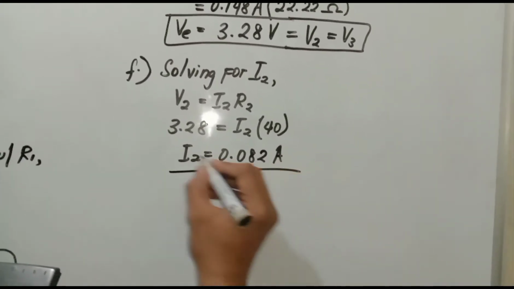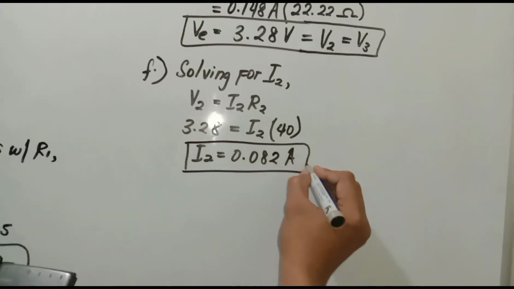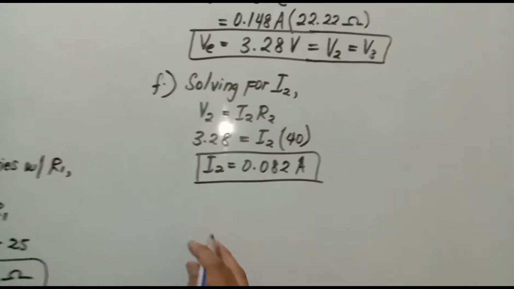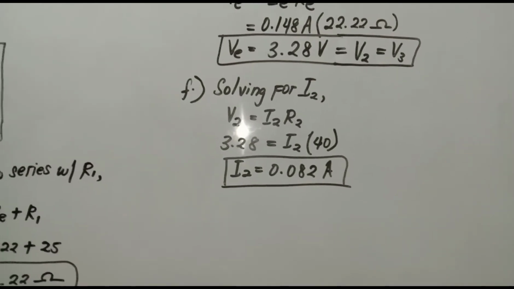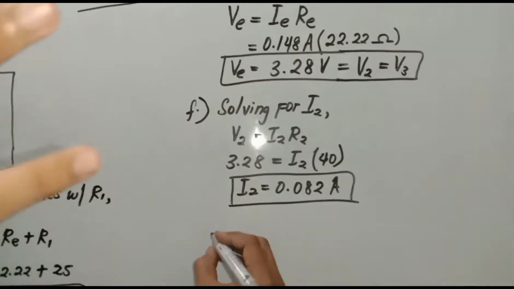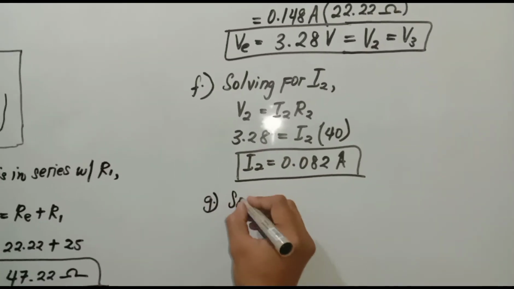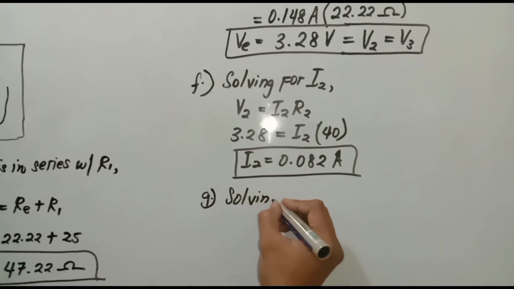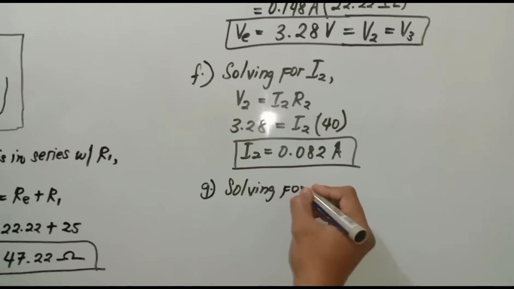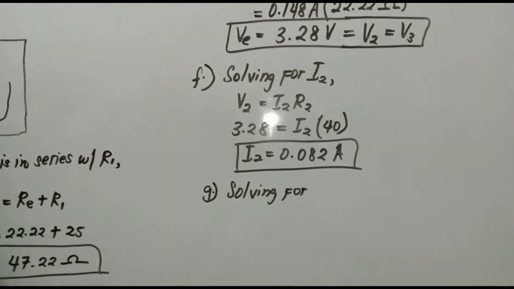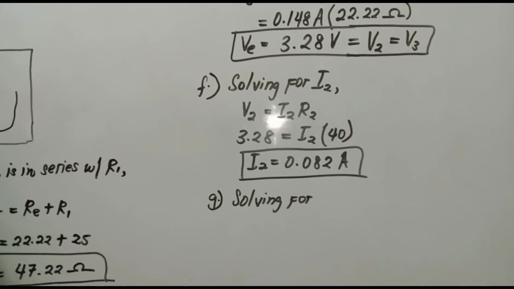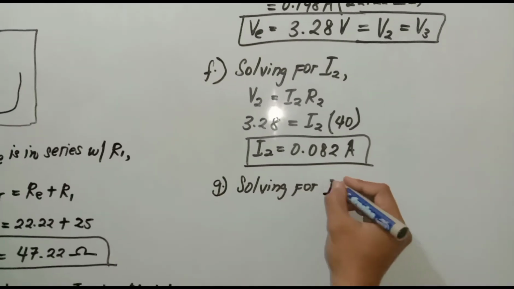So this is the current flowing across resistor 2. Next is I3, solving for I3, the current flowing across resistor 3.